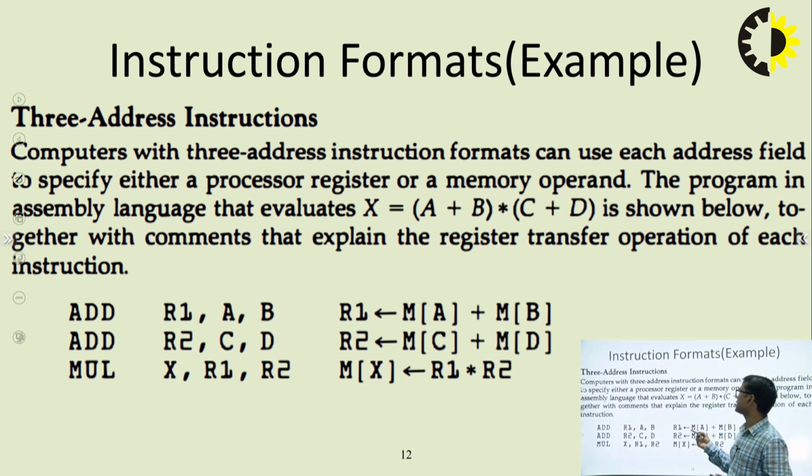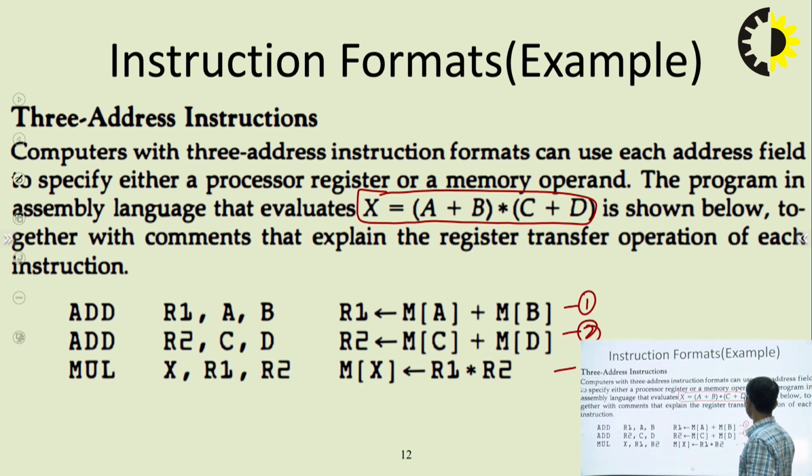So let us have an example to solve a mathematical problem: X equals (A plus B) into (C plus D). If we perform this using 3 address instructions in the assembly that is available, we can see that with only 3 instructions, which is very important, 1, 2 and 3 assembly instructions, we can perform this particular task. So we have used the 3 address instruction and performed the first: add R1, A, B.